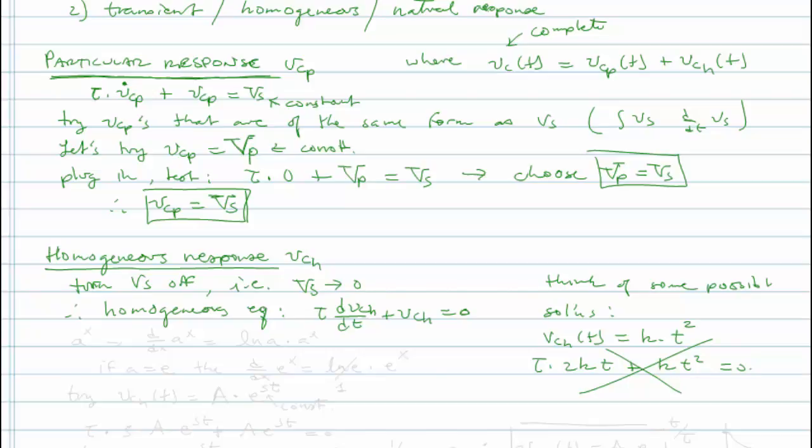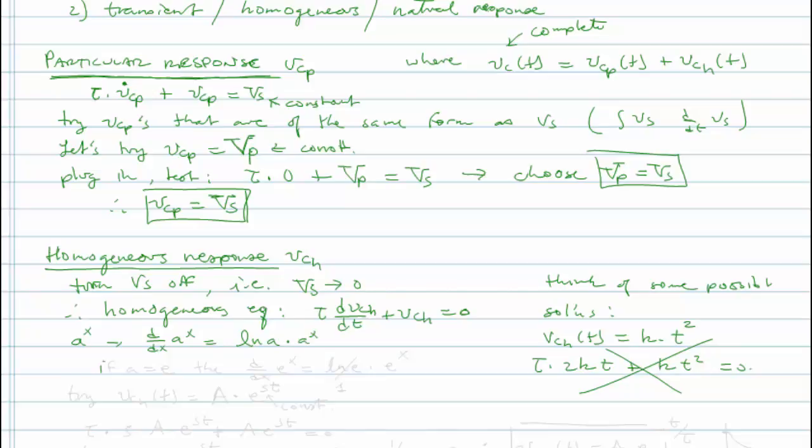Okay, what we need is something that when you take the derivative, you get the same functional form back. Well, there's a function that actually has that characteristic. So if you consider the function, let's say, a to the x, then if you take the derivative with respect to x of a to the x, you'll get log of a times a to the x.